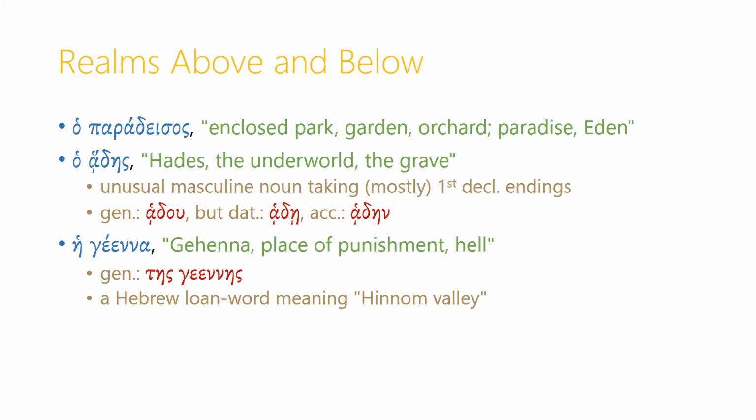This was used as a garbage dump in the 1st century, and fires would continually smolder on the garbage that was left there, providing a really evocative metaphor for a place of punishment or torment. The genitive here, because of the end of the stem, is going to be geennes, and the rest of those singular endings will be eta type endings rather than alpha.